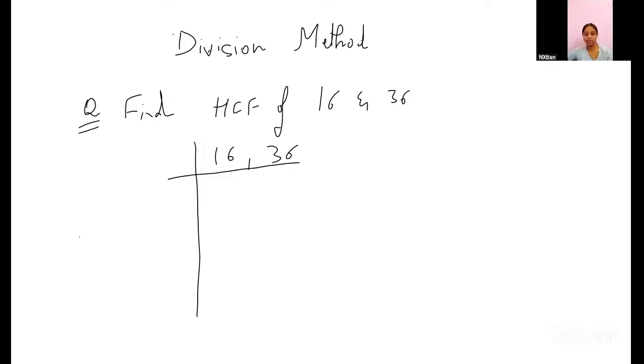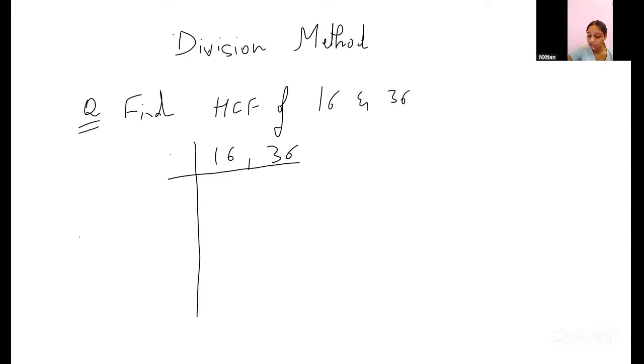What is the catch is that we divide both the numbers by the same table. For example, 16 and 36 are both divisible by 2 because they are even numbers.